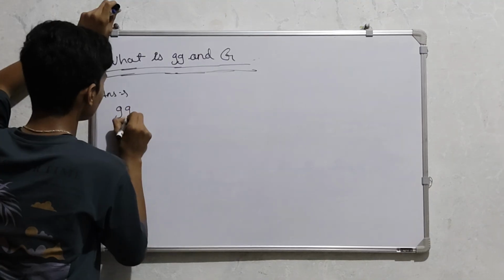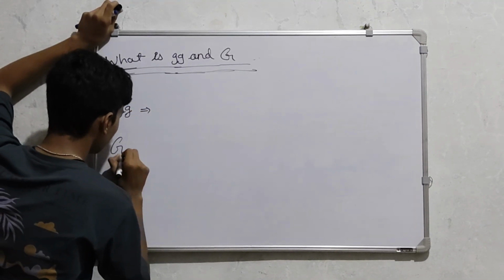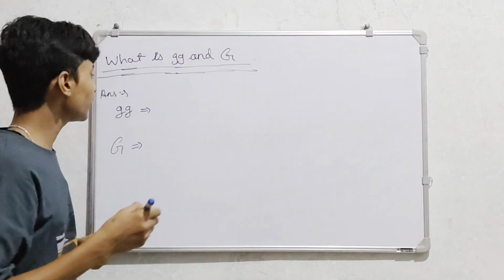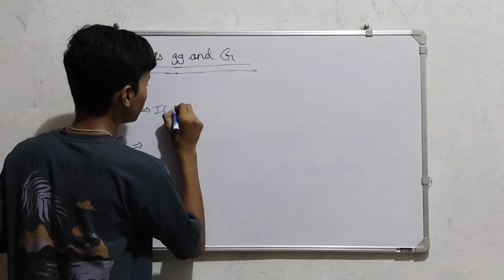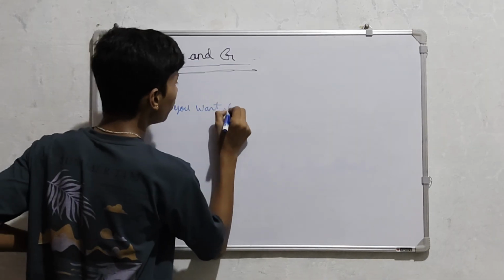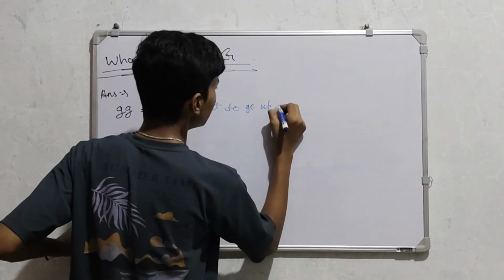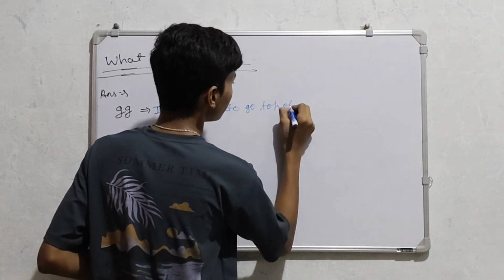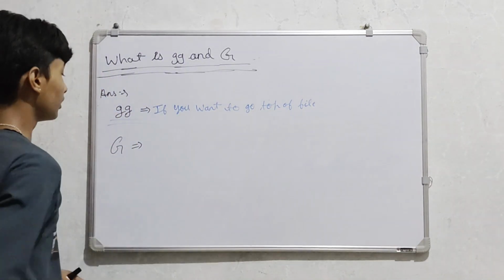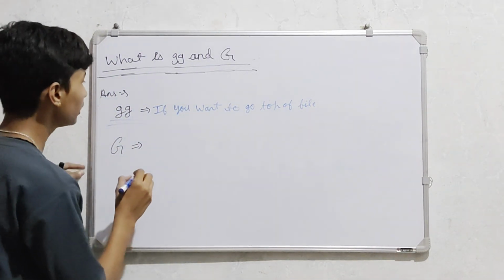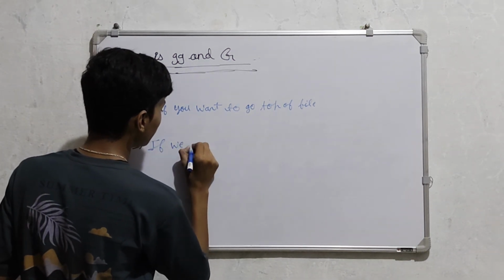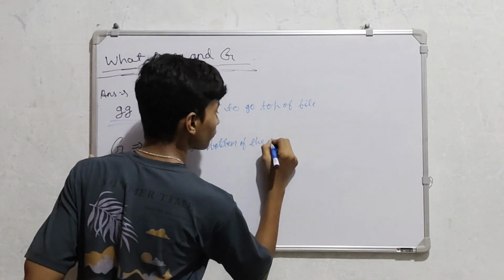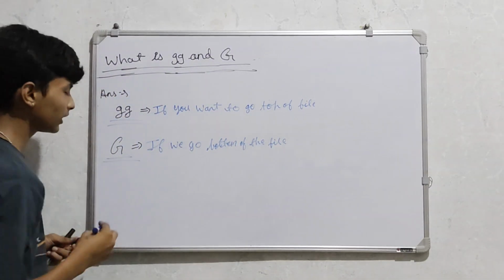Double G means if you open any file and you want to go to the top of the file, that time you use double G. When we use capital G, if we want to go to the bottom of the file, that time we use capital G.